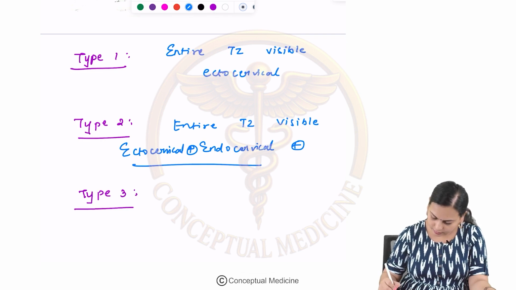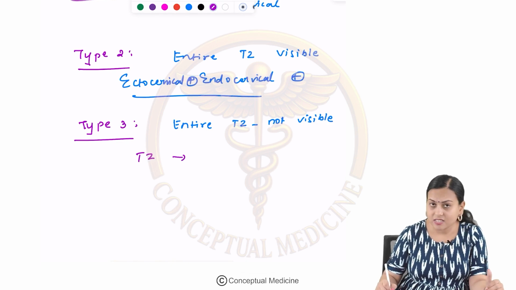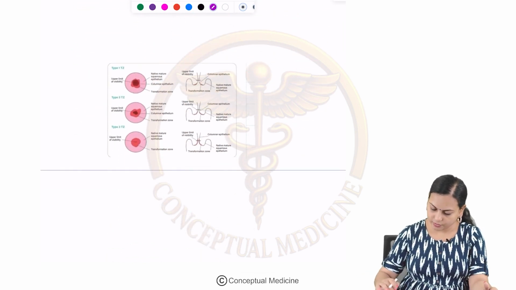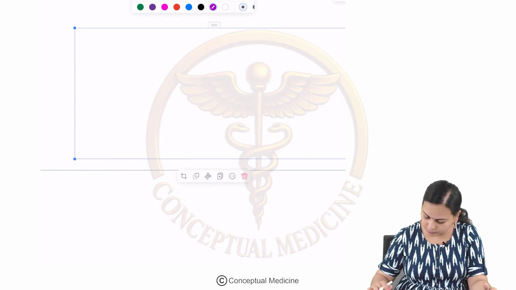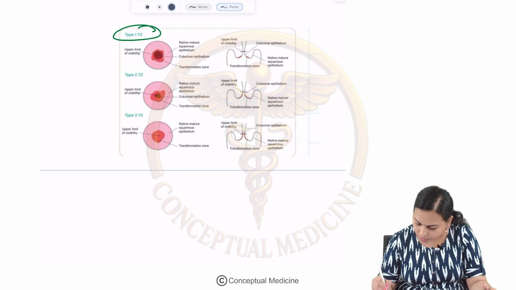Here the entire transformation zone is not visible and the transformation zone extends into the endocervical canal only. Clear? So, if you see this, you will be able to understand. Okay. This is type 1 transformation zone where the upper limit of visibility is clearly seen.